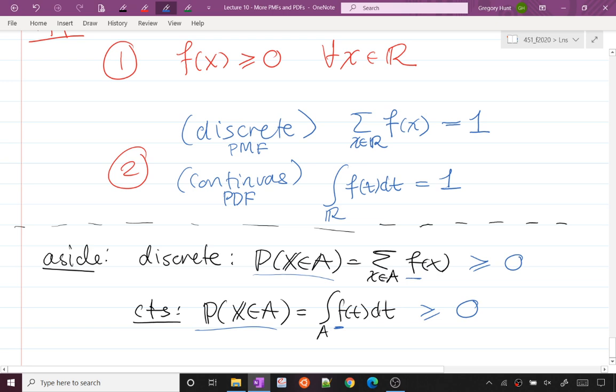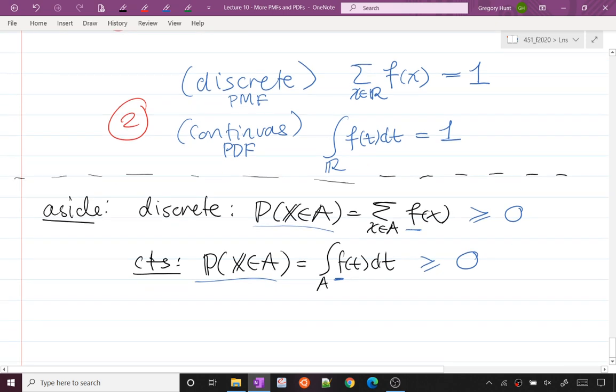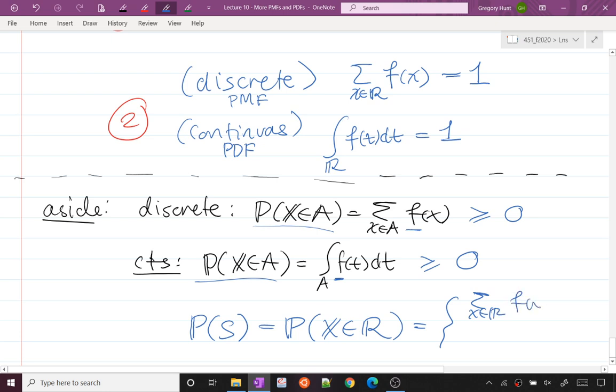That's not allowed. Okay. Similarly, note that the probability of being anywhere in the whole sample space is basically the same thing as the probability that x is anywhere in the real line. And that, of course, is either the sum or the integral of the PMF or PDF over all real numbers. That thing is 1, right? So 1 is the probability of any outcome occurring.